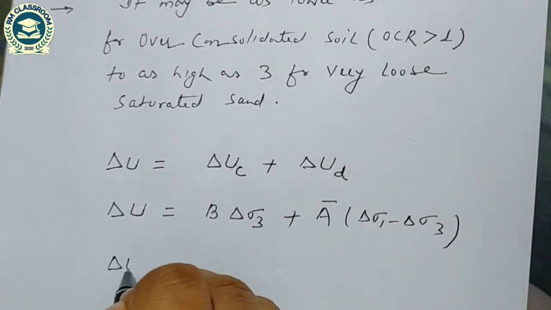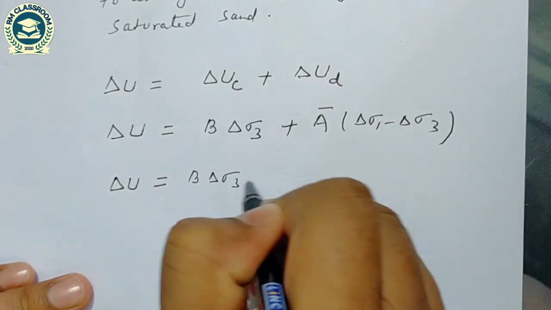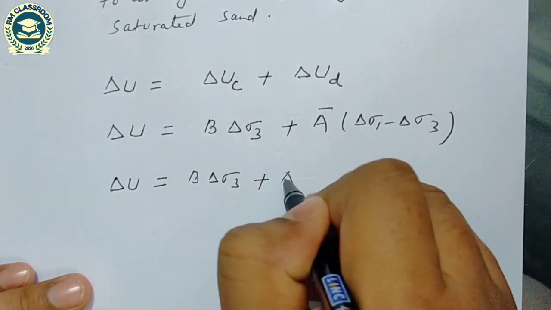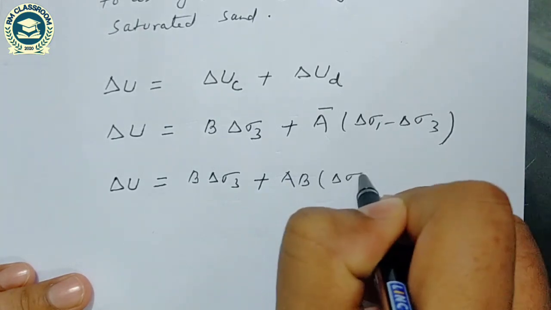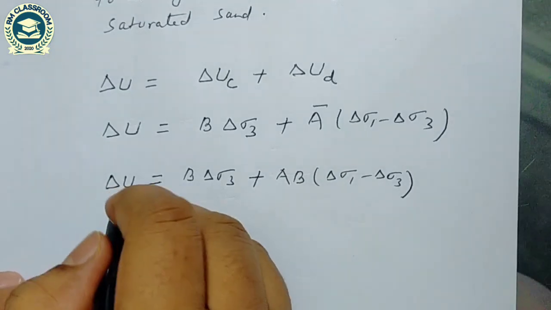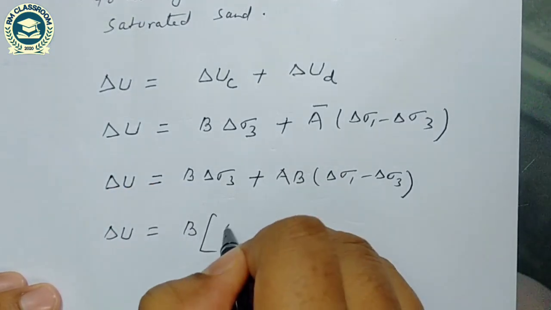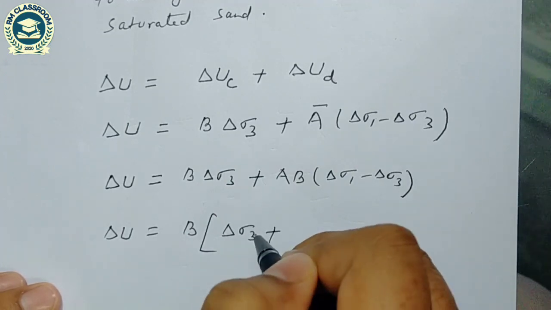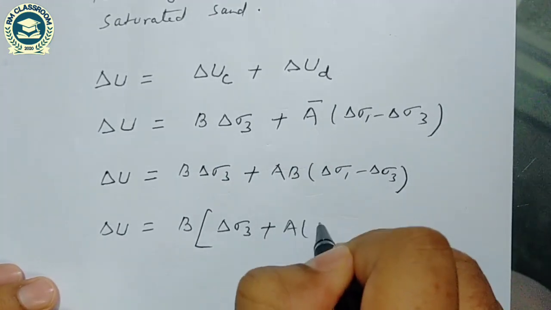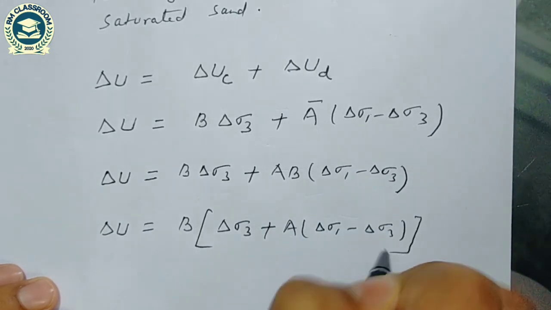So this delta U can be written as B delta sigma 3 plus A bar, which is A into B, times (delta sigma 1 minus delta sigma 3). If I take B common, delta U is equal to B times [delta sigma 3 plus A times (delta sigma 1 minus delta sigma 3)].